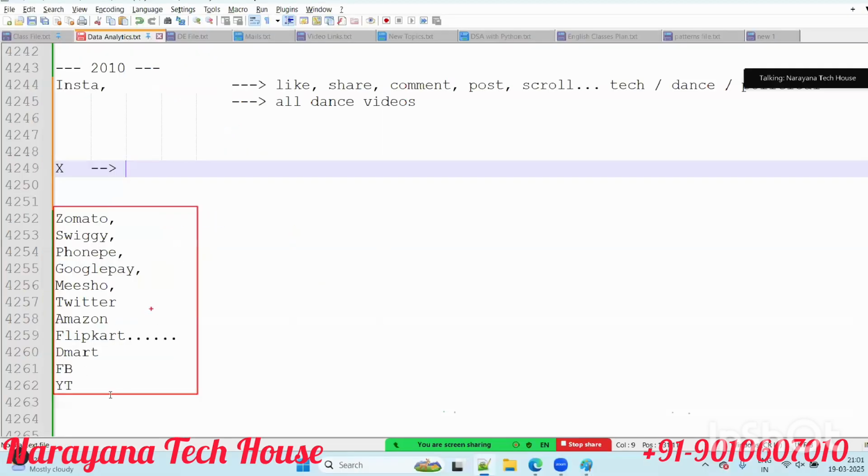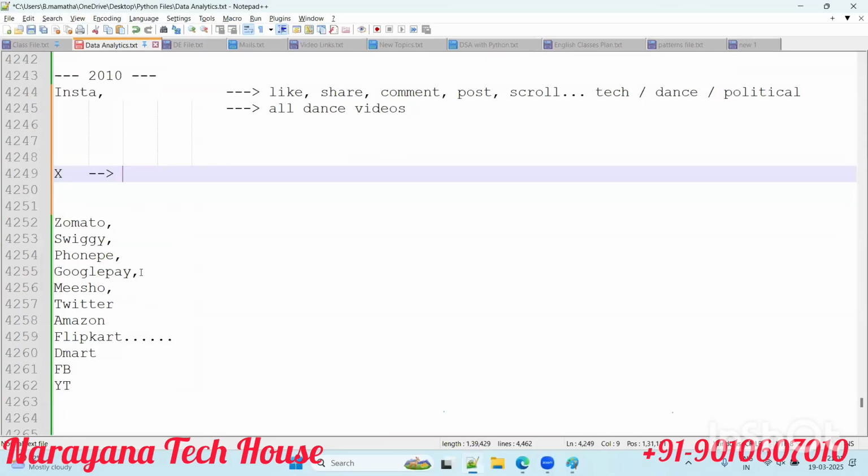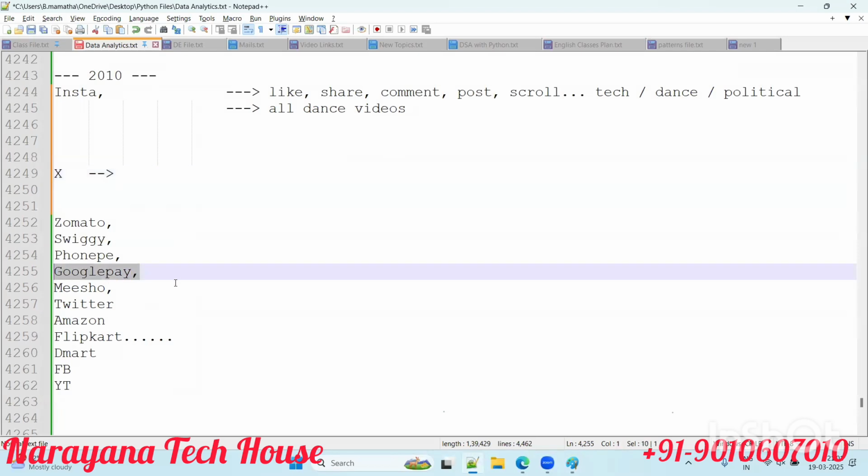Suppose, for example, guys, Google Pay is there, and nobody is using Google Pay. Everyone is using PhonePe, PhonePe, PhonePe. Then Google Pay tries to make a lot of changes to attract customers, but still no customers use it. Then what do they do? They close it after a few months, right?